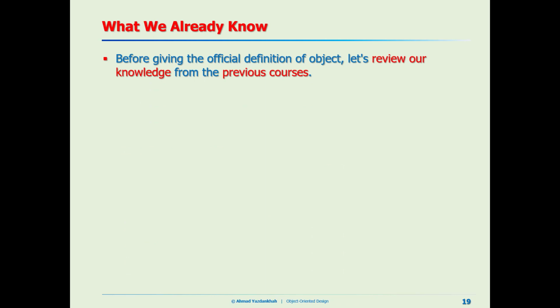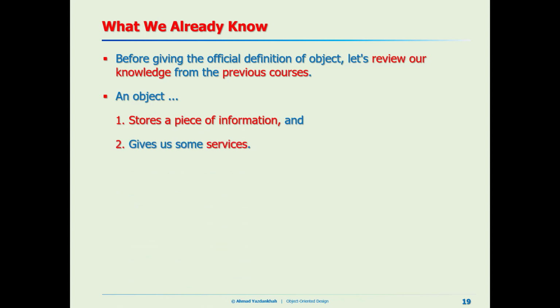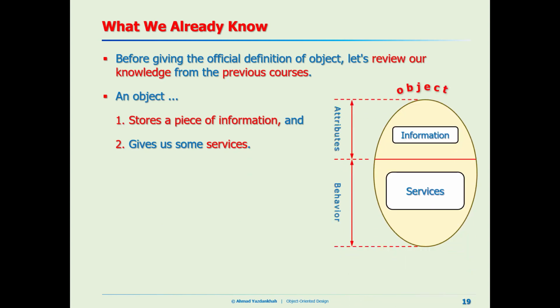So you have learned from your previous courses that object stores some information and it gives some services. So usually I show an object like this egg. It has two separate sections, and in here you store the information, and here you write the services that an object will give you.